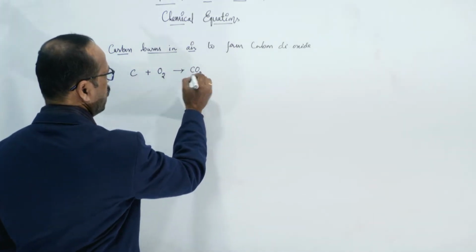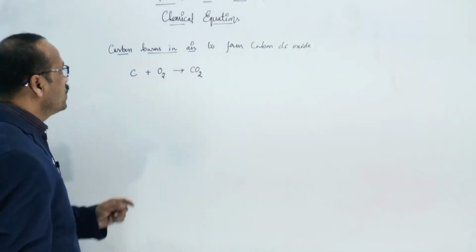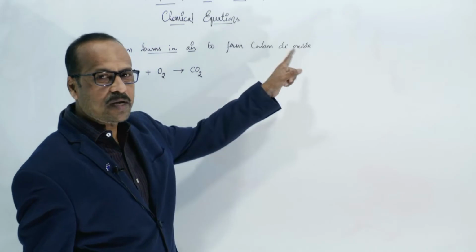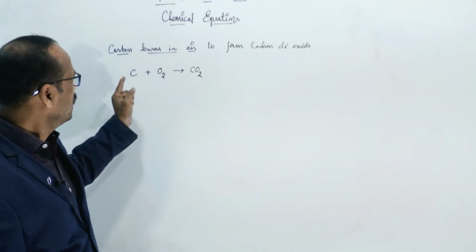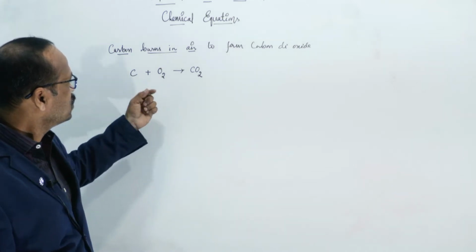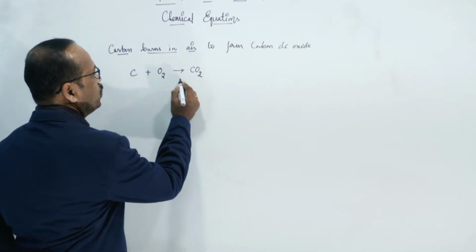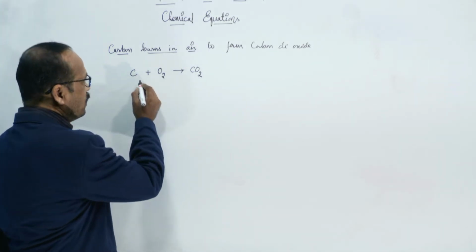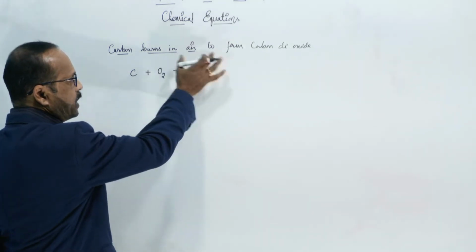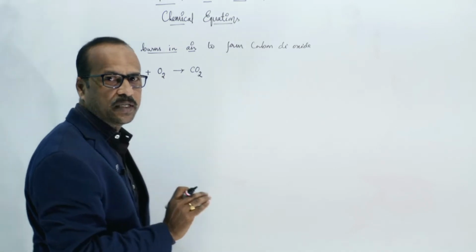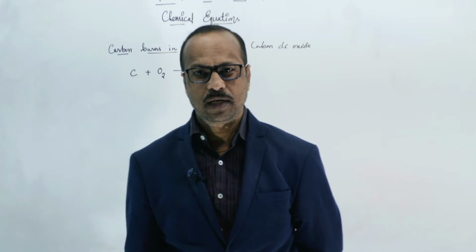So this big sentence, the same meaning, we write in short form by using symbols and formulas: C plus O2 gives CO2. This is called the chemical equation, right?